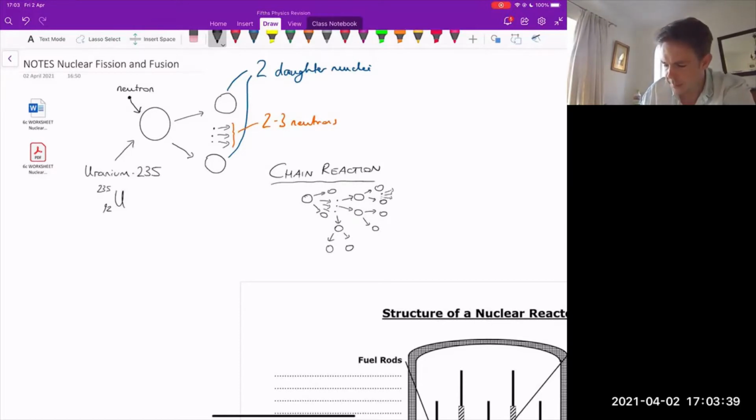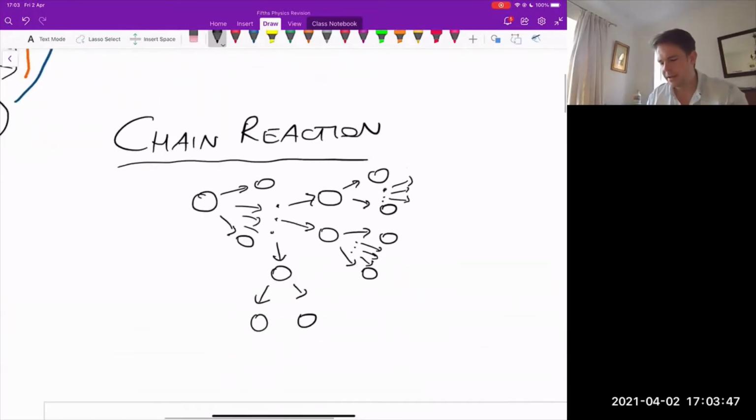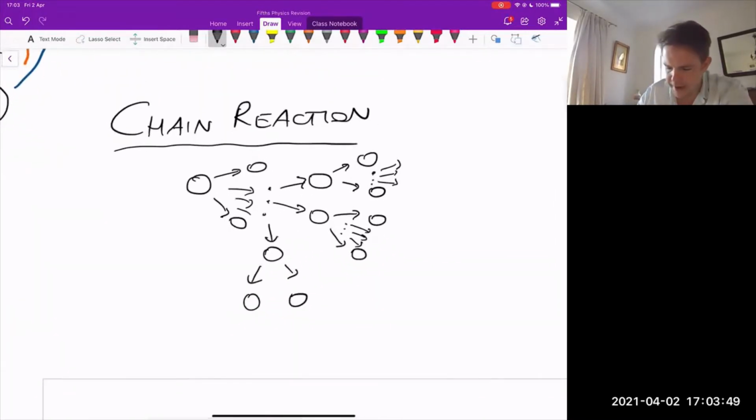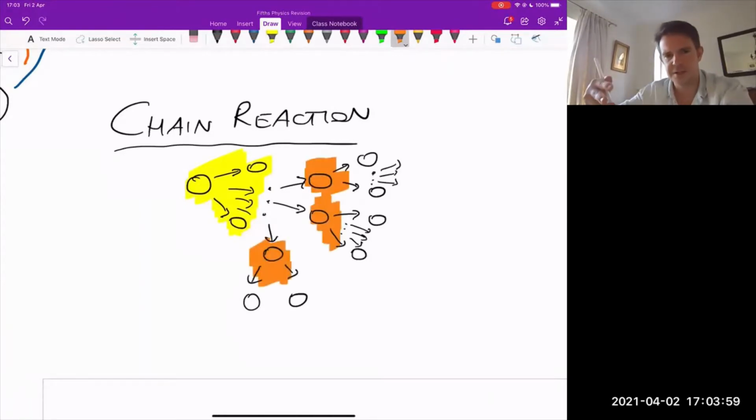So one potential problem is that very quickly the reaction rate would get out of hand, right? Because you might be able to see that potentially you could have one fission event here producing 3 neutrons, so therefore causing 1, 2, 3 more fissions, and then each of those would produce 3. So then you'd have 9, then you'd have 27, then 81.